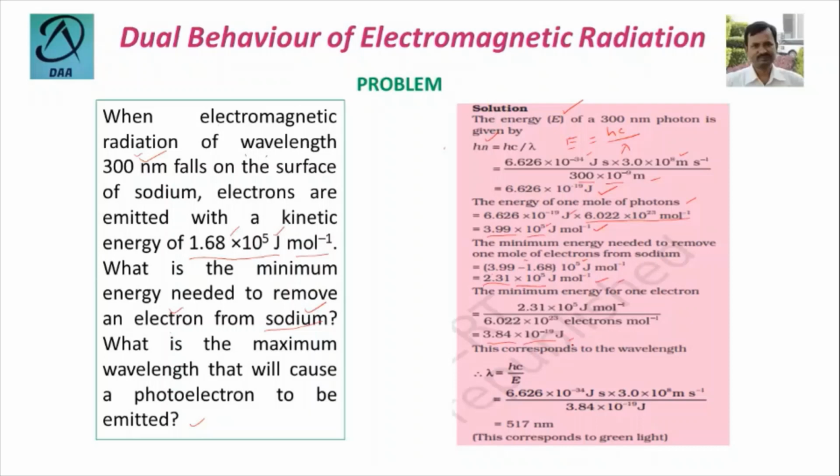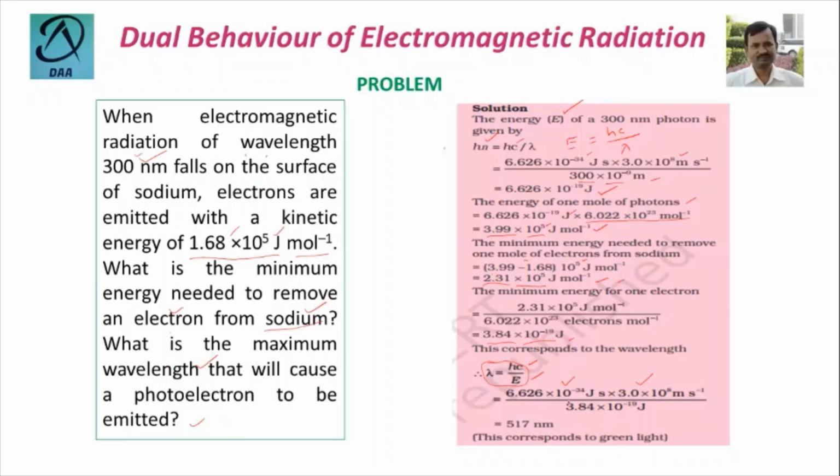So now we know the energy. So next step, what is the calculation for the maximum wavelength? If we know the energy, then again we just have to arrange the previous equation, so lambda is equal to hc by E. So h we know, the Planck constant, this value multiplied by c, the velocity of the light, and E now we know is 3.84 multiplied by 10 to the minus 19 joules.